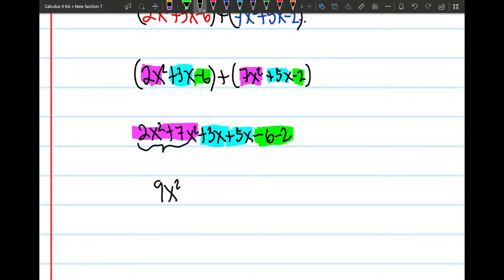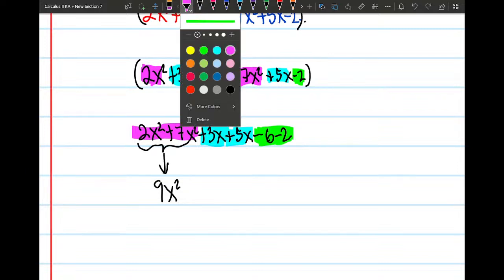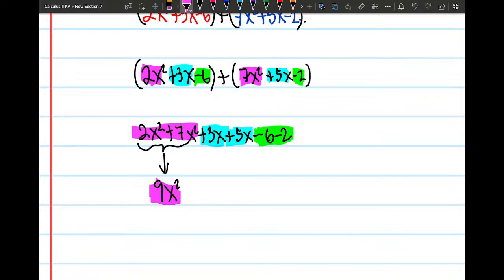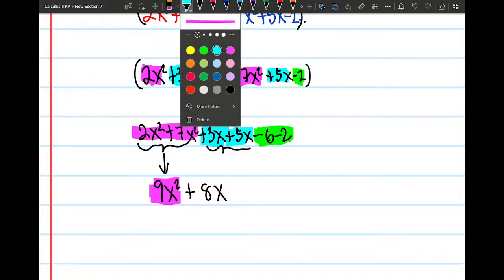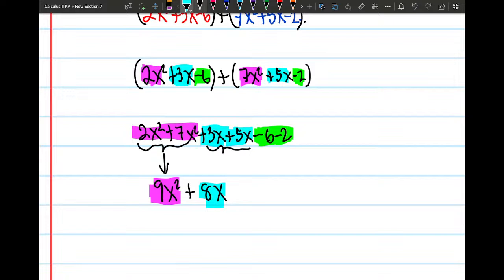So then we know that 2x squared plus 7x squared is 9x squared, and then 3x plus 5x is just 8x. So again, we'll put this in here, and then minus 6 minus 2 would be minus 8.